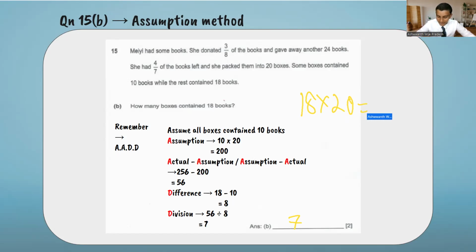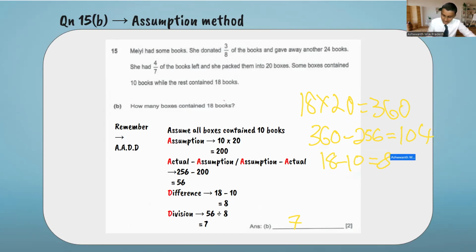360. Then 360 minus 256, which is 104. Then same, we have 18 minus 10 equals 8.